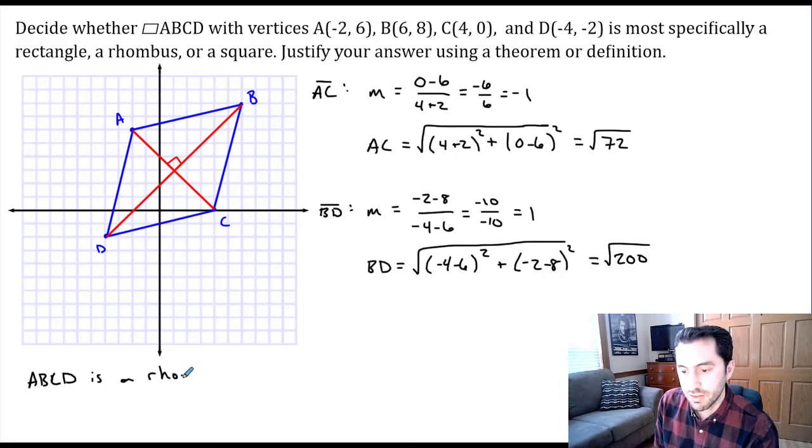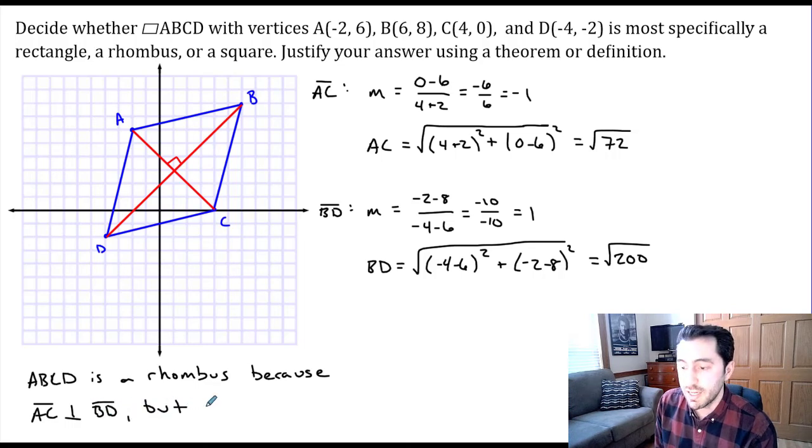And then let's just summarize what we found. So this is a rhombus because we ended up with the diagonal AC is perpendicular to the diagonal BD, but they do not have the same length. So AC is not congruent to BD.